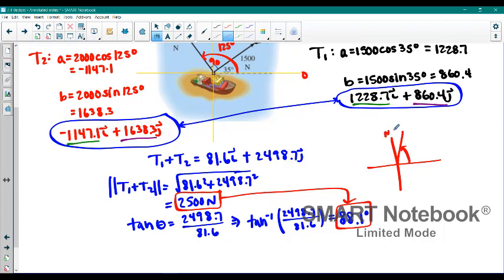So that would mean I would want to start at north and go to the east. So it would be north, and then 90 minus 88.1 would be 1.9 degrees. So north, 1.9 degrees east, if we were asked for it in terms of a bearing.